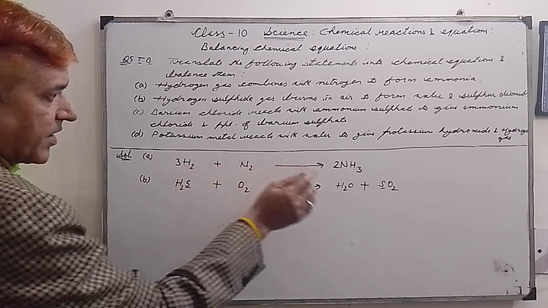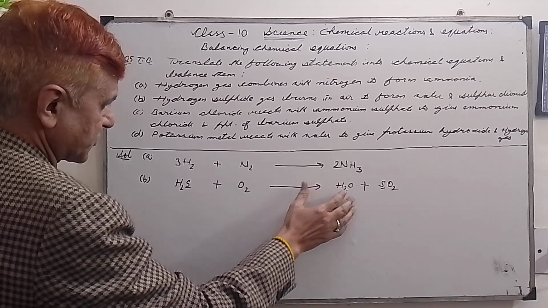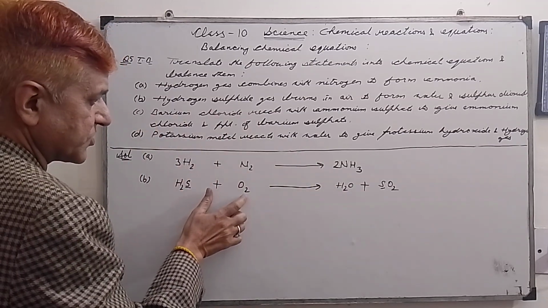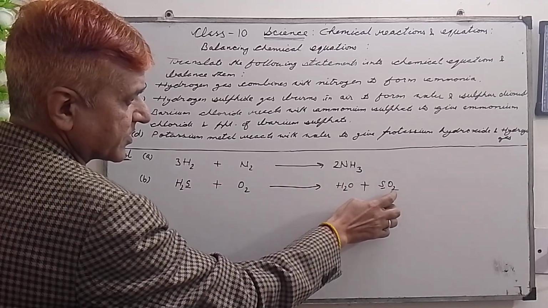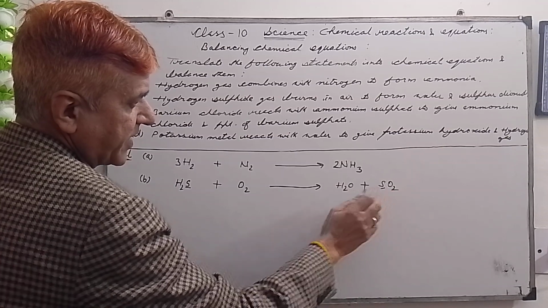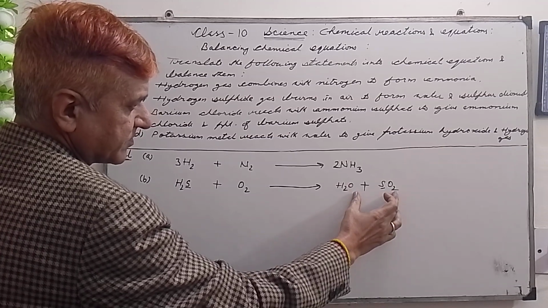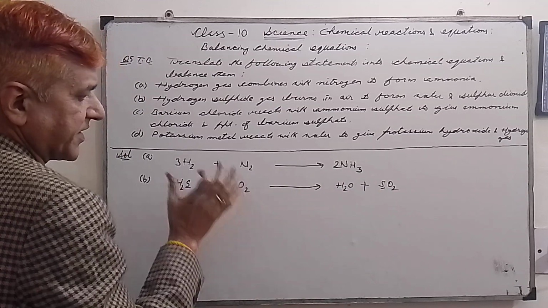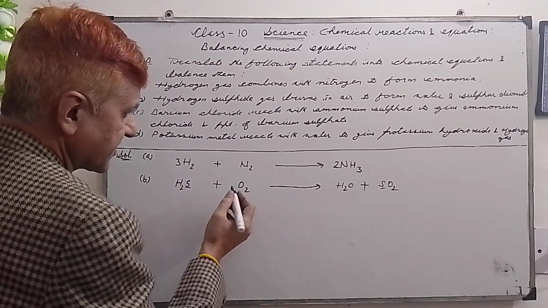Hydrogen 2, hydrogen 2 atoms, so hydrogen is also balanced. Now oxygen: 2 and 1, 3. There are 3 oxygen atoms in products and 2 oxygen atoms in reactants. So let's multiply this by 2.